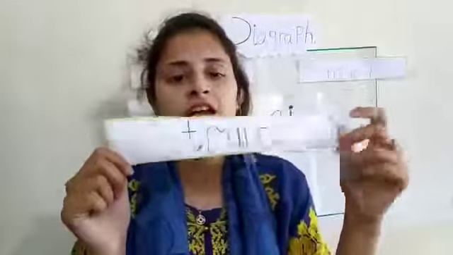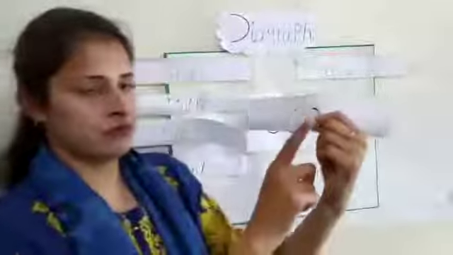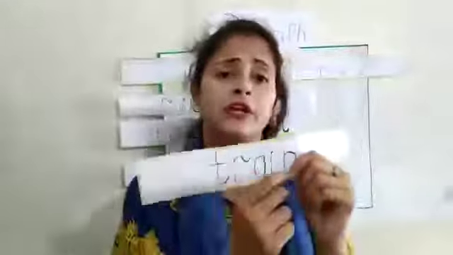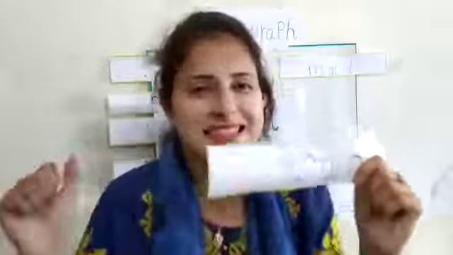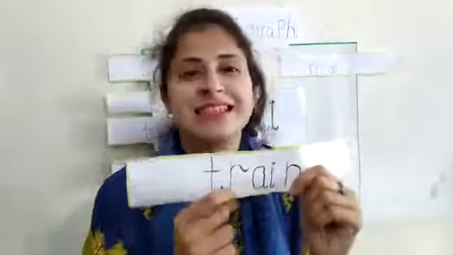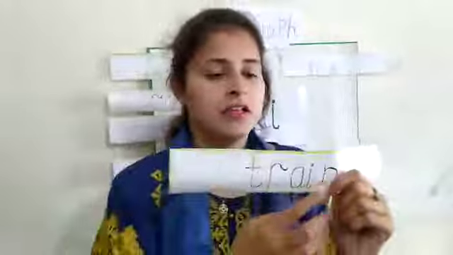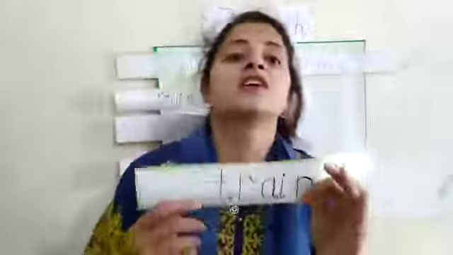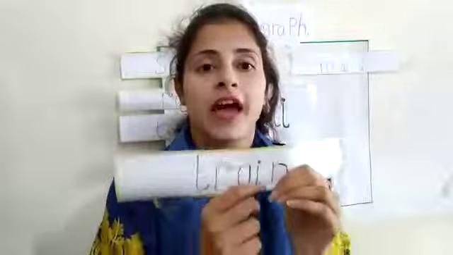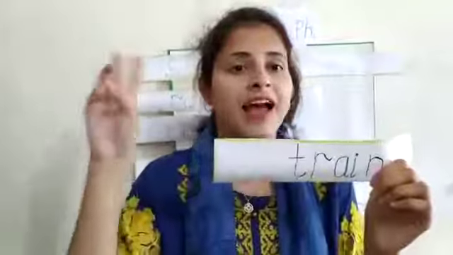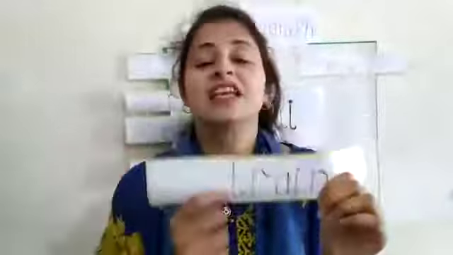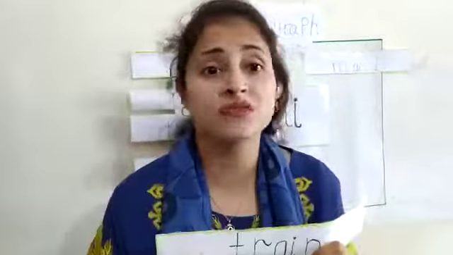Train, train. No, we have to read it with the help of phonics. T, t, A, train. Okay, let's quickly. T, A, train. Again. T, t, t. And what is the action of the T?